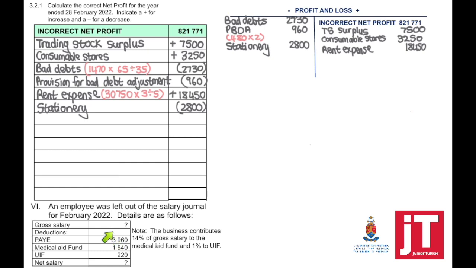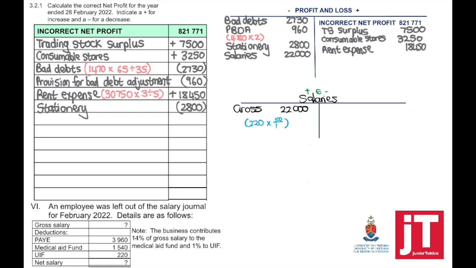If we look now at the information, the gross salary is a question mark and the net salary is a question mark. But they provided the pay as you earn, the medical aid fund, and the UIF. Note, the business contributes 14% of the gross salary to the medical aid fund and 1% to the UIF.